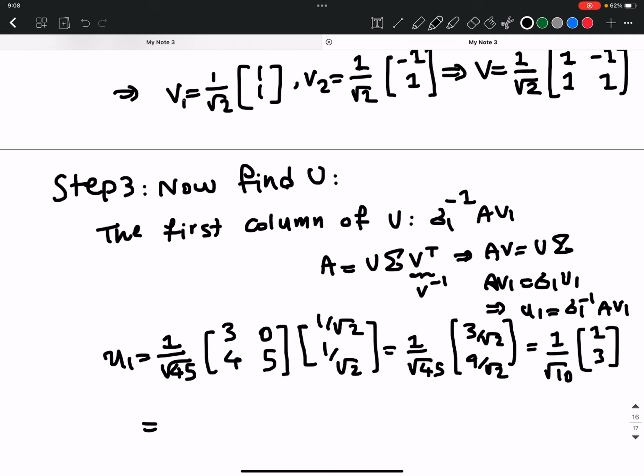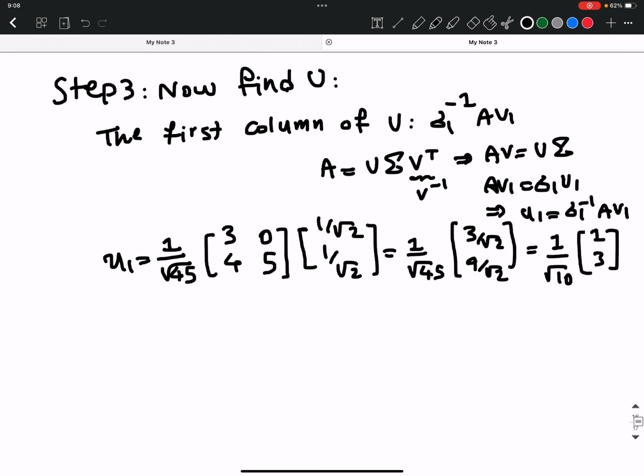Now for the second vector, I can do the same thing. So let me do it. For the second vector, again, we have AV2 equals sigma 2 U2. So I can say that U2 is basically sigma 2 inverse times AV2.